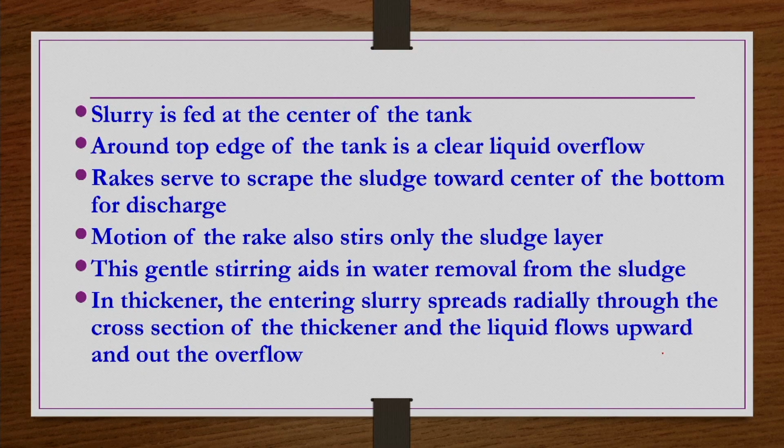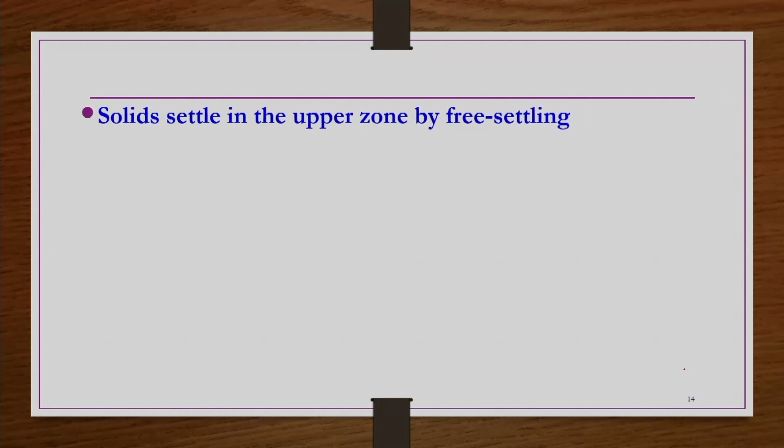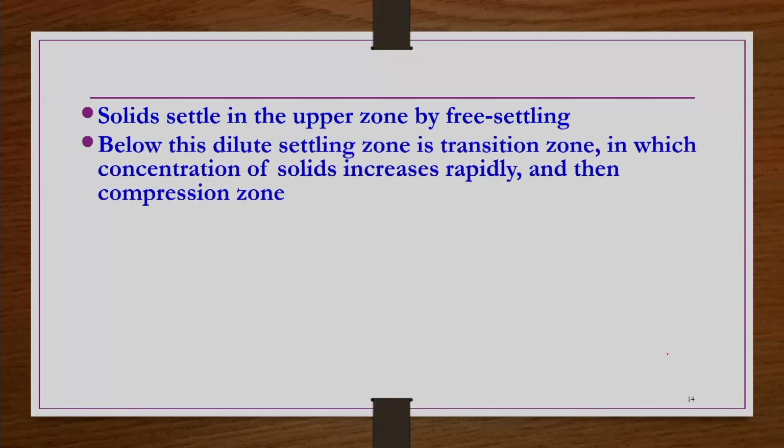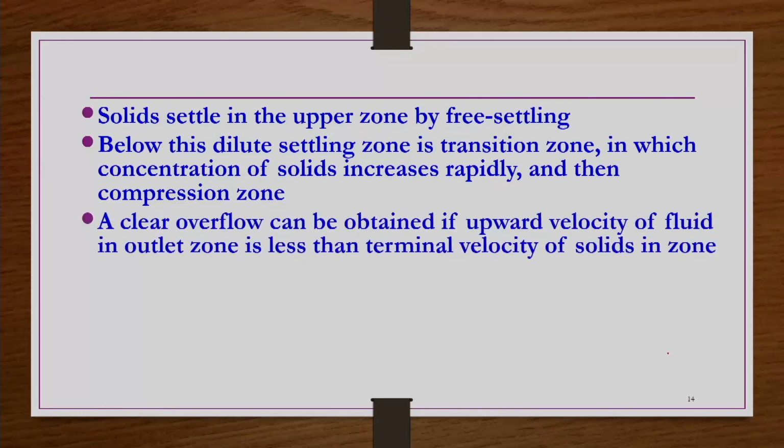In a thickener, the entering slurry spreads radially through the cross section of the thickener, and then liquid flows upward and out the overflow. Solids settle in the upper zone by free settling. Below this dilute settling zone is the transition zone, in which the concentration of solids increases rapidly, and then the compression zone would be there.